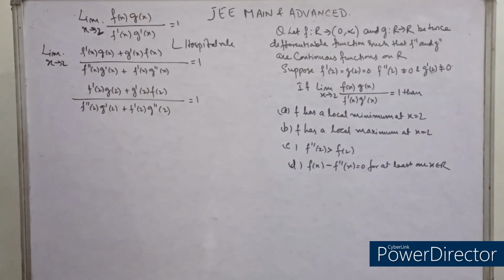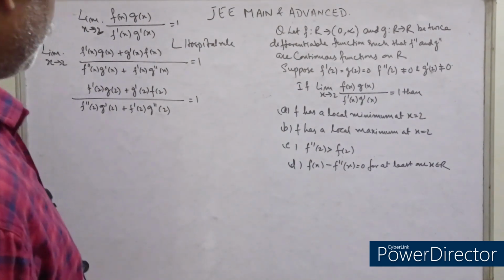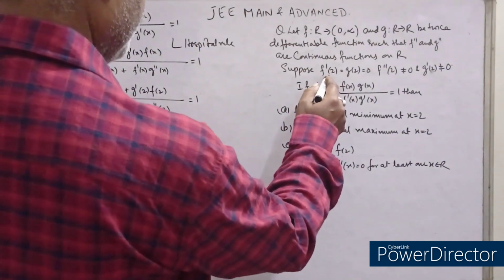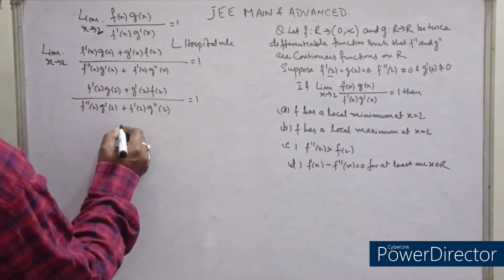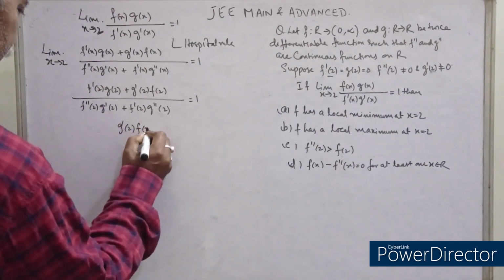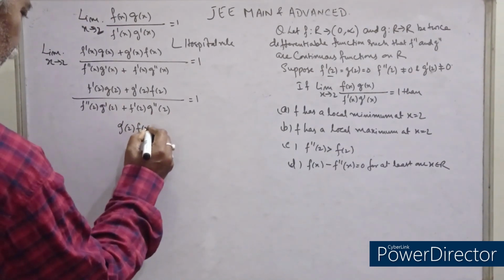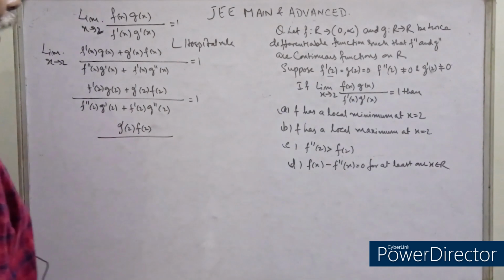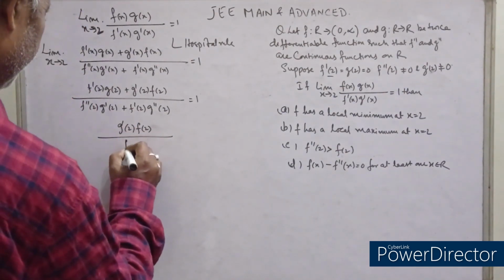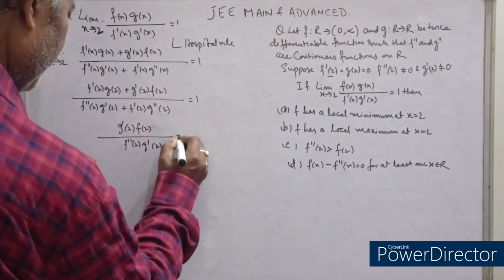So here you see that f dash 2 is 0, so this term is 0, so g dash 2 f 2 over f double dash 2 g dash 2 equals 1, since again f dash 2 is 0.